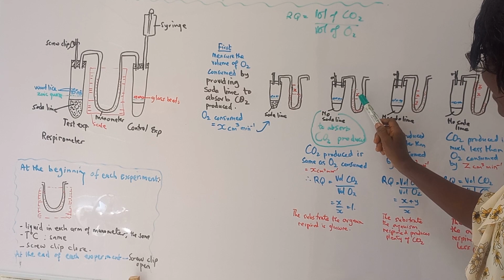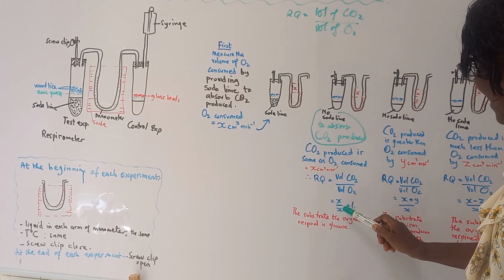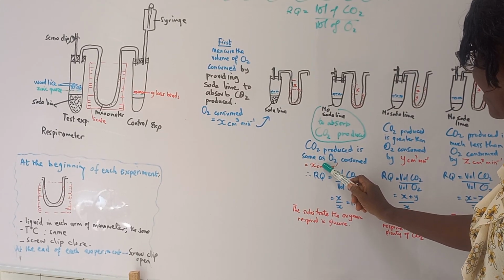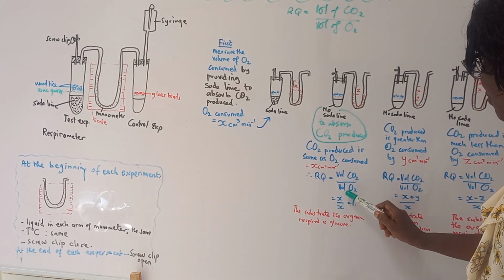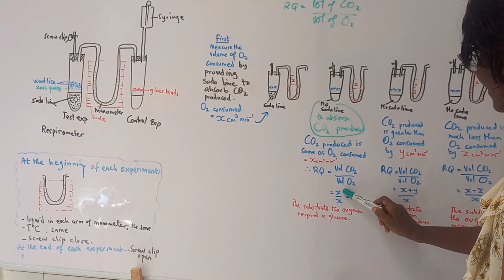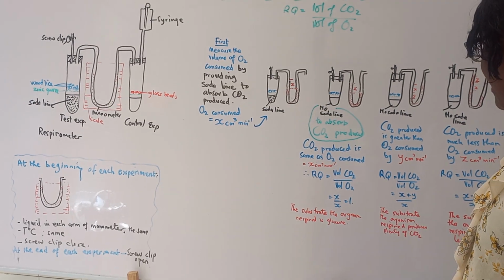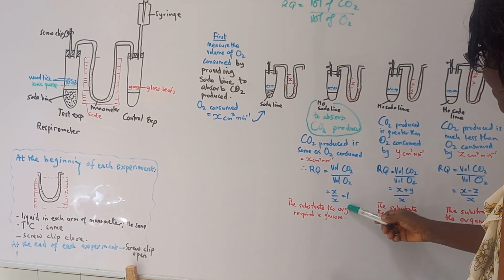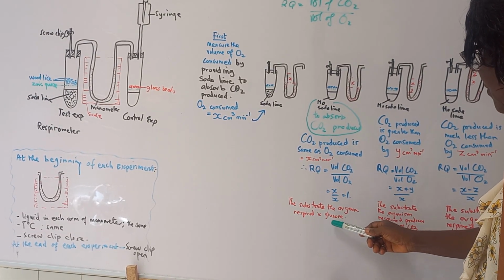And so the X, we have found it as the amount of carbon dioxide produced, and so the RQ will be X over X, which is 1. Now, a substrate which produces this, we can say is glucose.